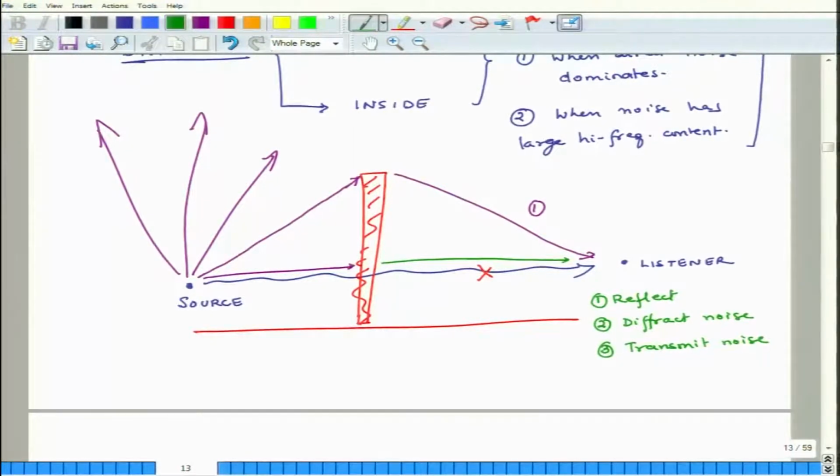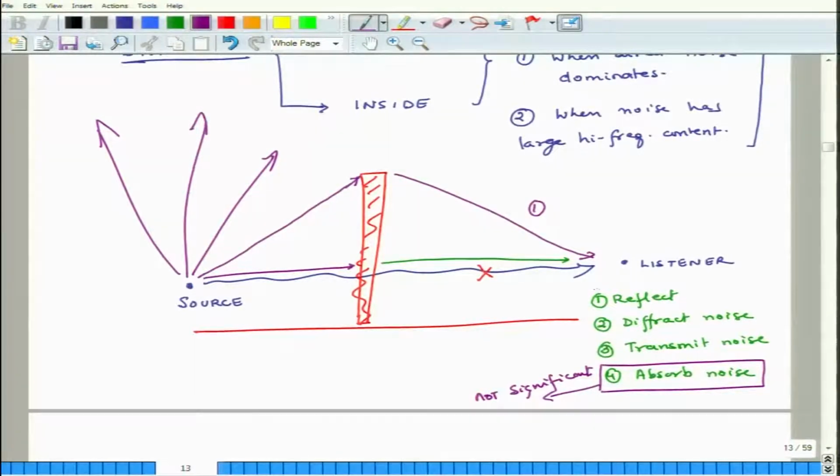Depending on how good a barrier is, it will transmit only so much noise, and then finally, they absorb noise. But the absorptive effect of barriers on noise is not significant, particularly if we are thinking of outdoor applications. It is not a whole lot.